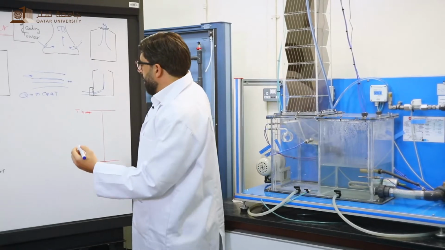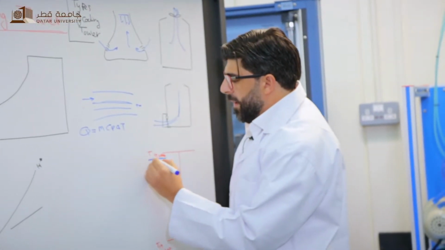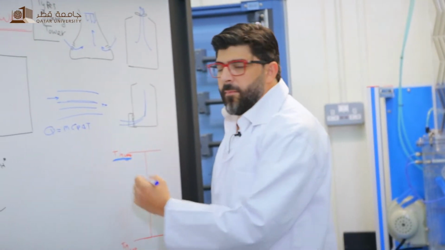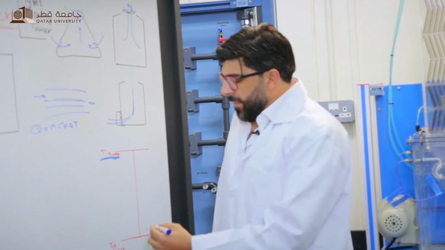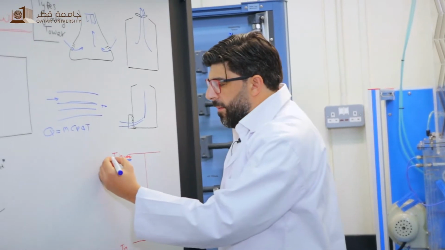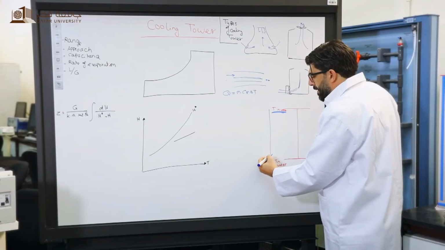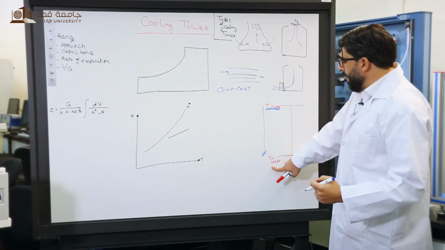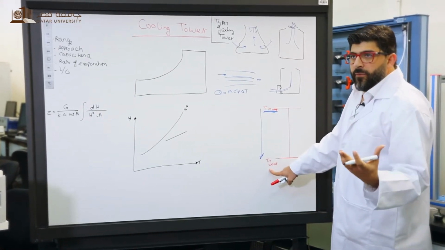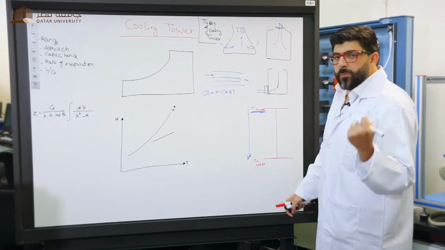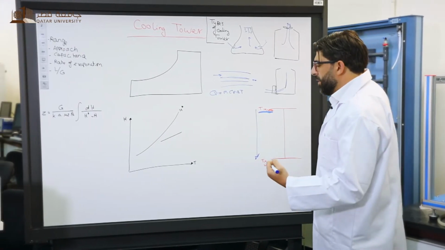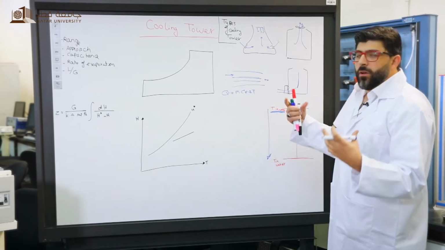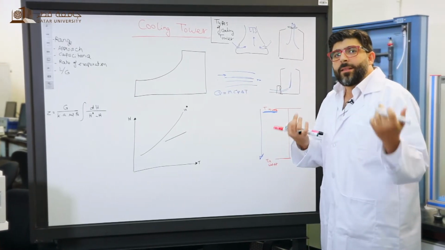When the water comes from the top, it enters at the maximum temperature, and the maximum cooling the water can reach is related to the temperature of the inlet air. The inlet air has a temperature that represents the sensible heat. But we said we utilize both sensible heat and latent heat.